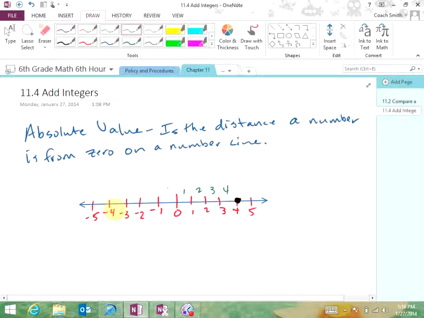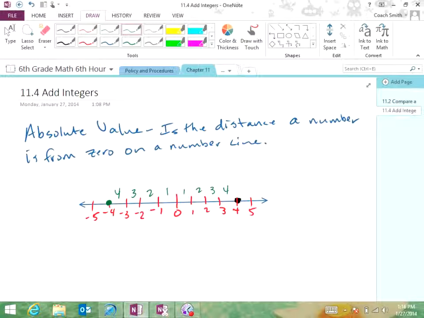Okay, now, what about -4? How many units is -4 from 0? No, there's not negative units. How many units? 4. 1, 2, 3, 4. So -4 and 4 are 4 units from 0.